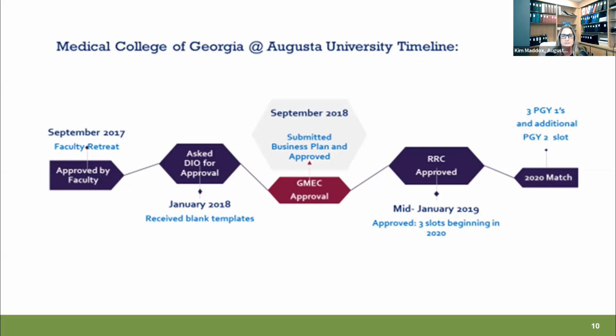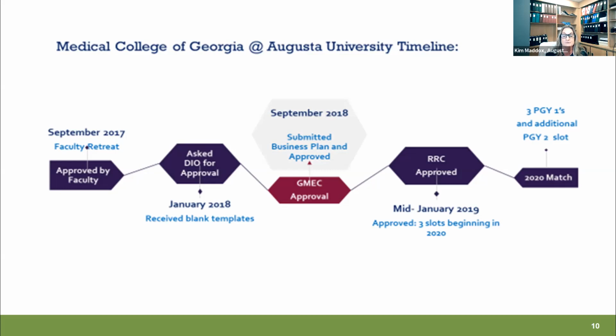We submitted our business plan in September, and a couple weeks after that, the GMAC met and approved it. And then it went to the RRC. Immediately after that, we went into ADS and put in for the approval for the increase. And it was approved mid-January.